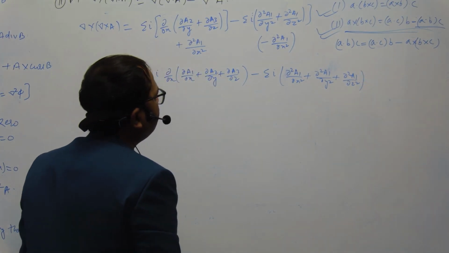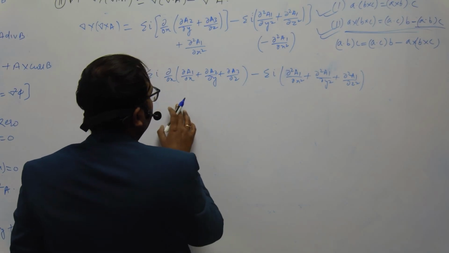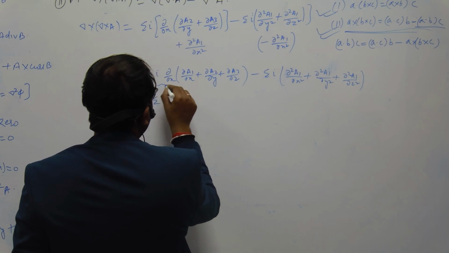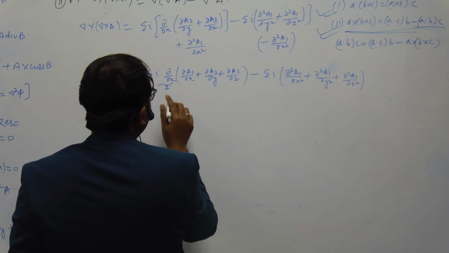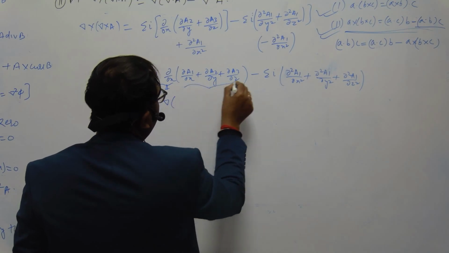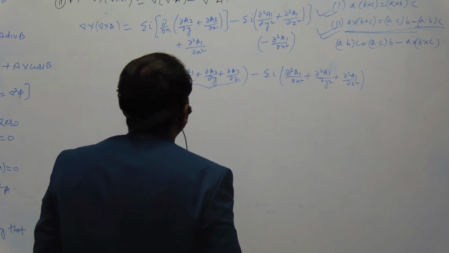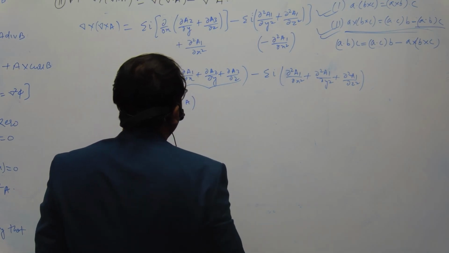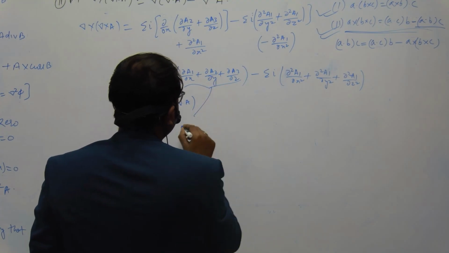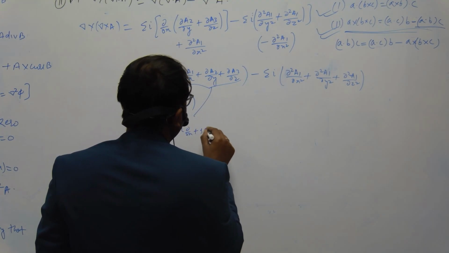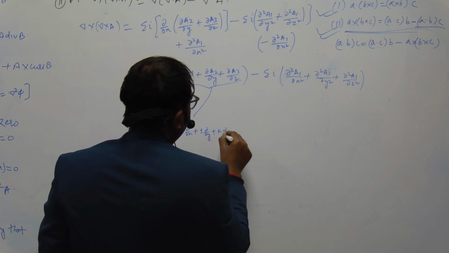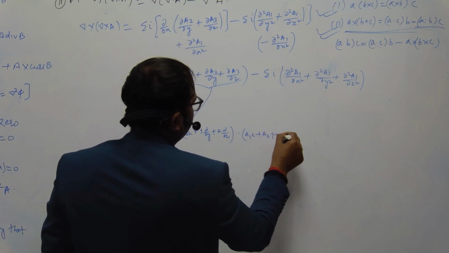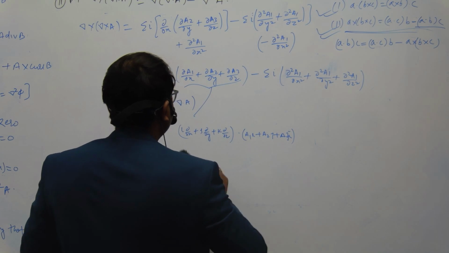Okay, so this is equal to summation i, del upon del x, which is nothing but the vector differential operator, del times of, and this is nothing but the divergence of a vector, this is del dot A. Okay, because we can represent this as i del upon del x plus j del upon del y plus k del upon del z, dot product with a1 i cap plus a2 j cap plus a3 k cap. Okay, this we can represent like this.